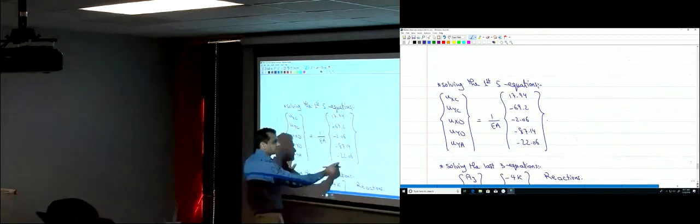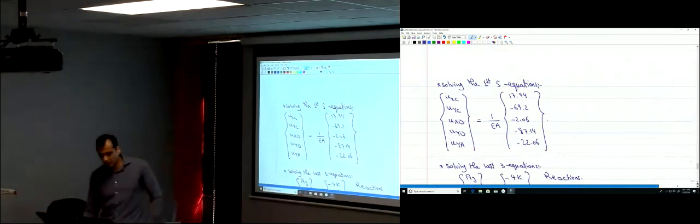P equals K U, right? How much is U? You already understand the first part, right? So you know that those are the values of U, right? So 1 divided by EA multiplied by those values, 17.94, negative 69.2, negative 206, negative 87.14, negative 22.06, and then 0, 0, 0.